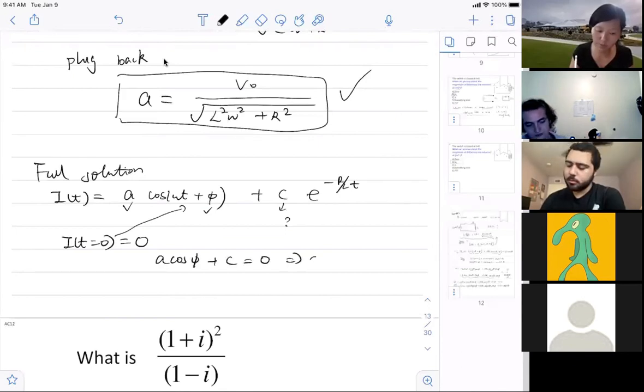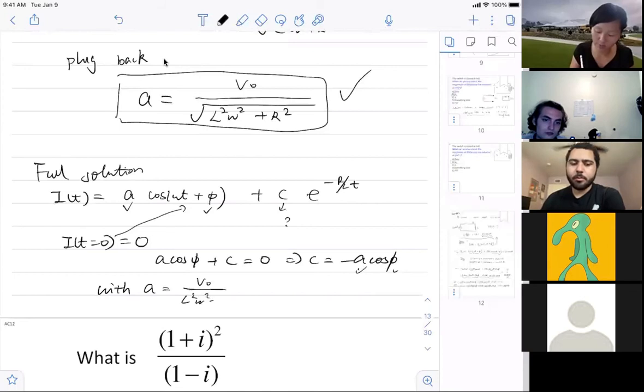So C would be negative A cosine phi. A is already found, phi already found, so your solution is found. I can tell you what these constants are, I just don't want to write it out in my solution. I can tell people about these constants.